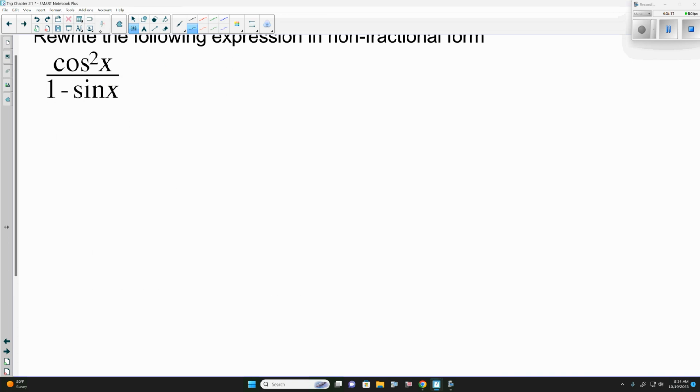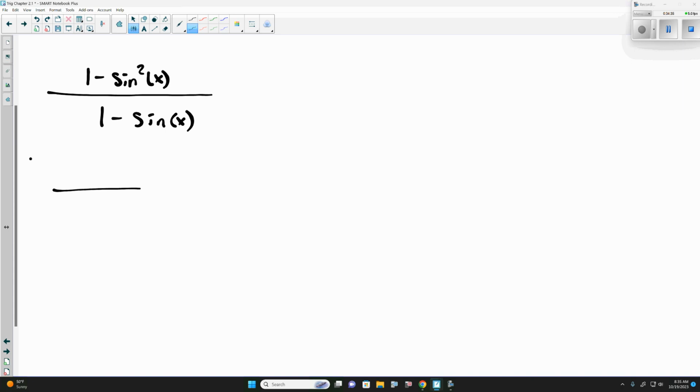Now I did say once we started this that there was another way to do this. And there is. Because using what we used on the last one and this one, cosine squared of x is the same as 1 minus sine squared of x. Now for this one, how I'm showing you, I'm not going to use u substitution. I'm going to use the fact that this is a difference of perfect squares.